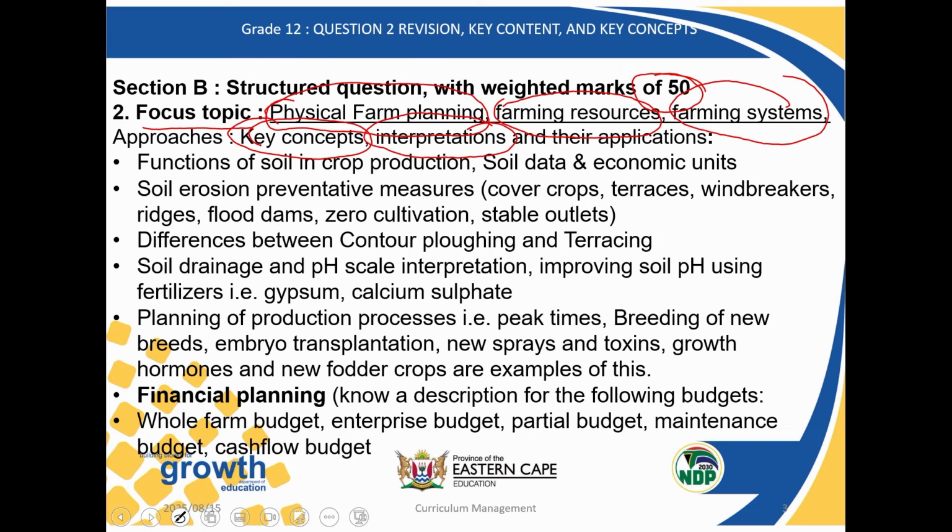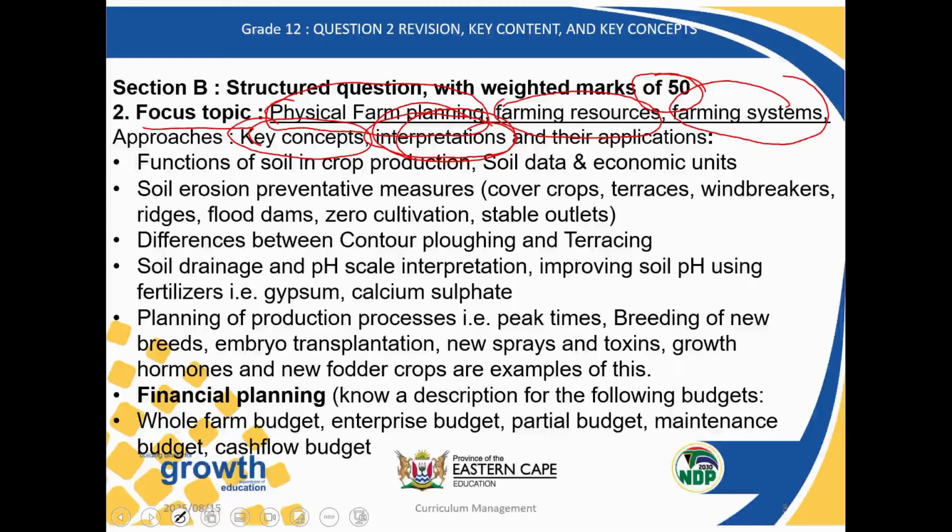As I said, if we talk of soil degradation, you must know what is soil degradation. And you must be able to interpret pictures that are depicting soil degradation. You must be able to also see how can we correct that soil degradation, because we are in the business of making sure that we maximize food production.